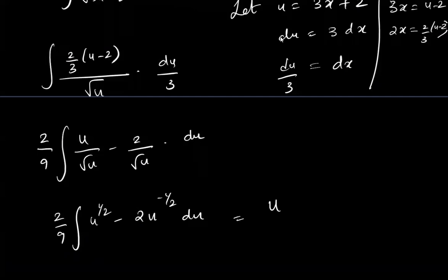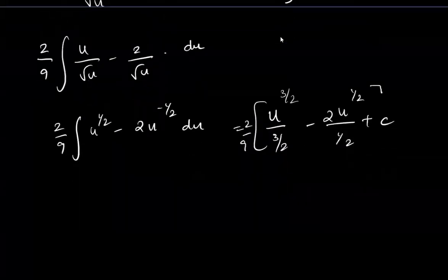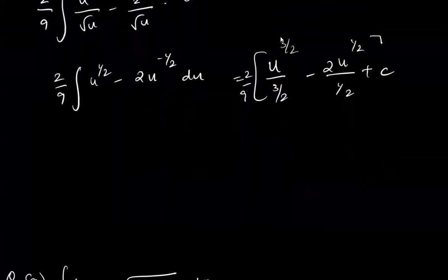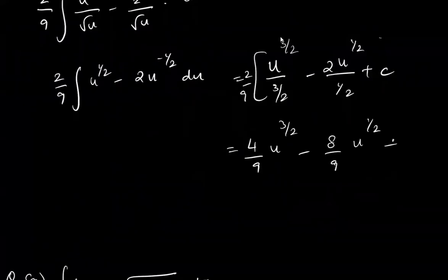Then I take the integral. Okay, so then this becomes 4 over 9 u to the power of 3 halves minus, this already becomes 4, so that becomes 8 over 9 u to the power of 1 half plus c.